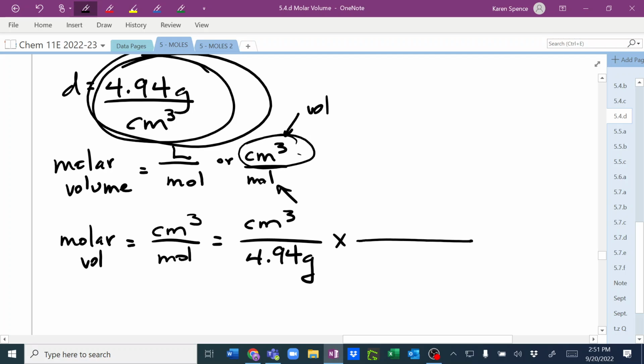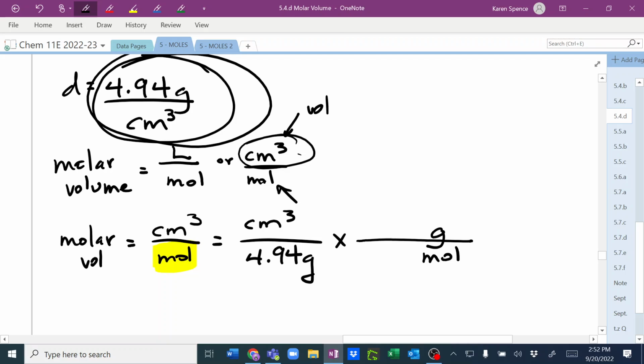Because I don't want grams, I want moles. Where do I want the moles? I want them on the bottom. And where do I need my grams to be in order to get rid of them? On the top. So what is that conversion where I have grams per mole?